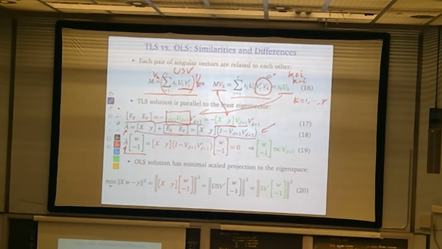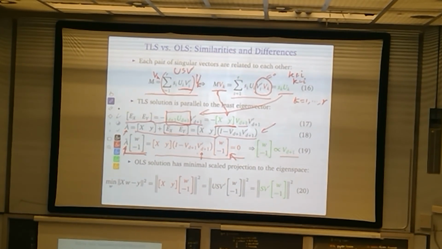And so this equals 0, we plug equation 18 into it, we have this. And so this shows that W minus 1 has to be proportional to V_{D+1} transpose. This is a projector to it, so essentially, we have gone through this already.